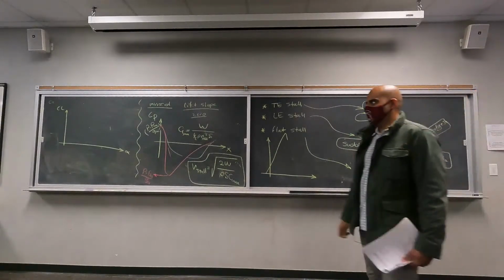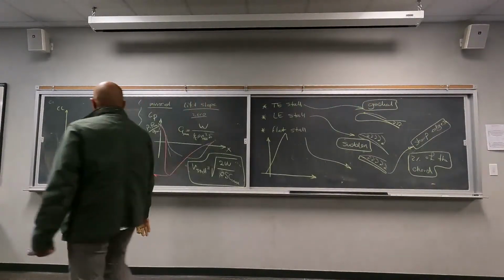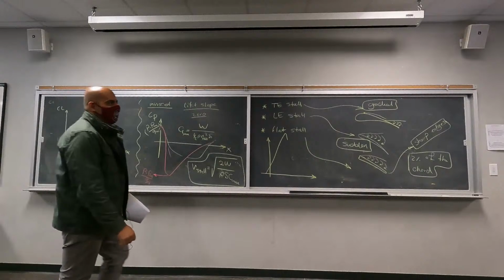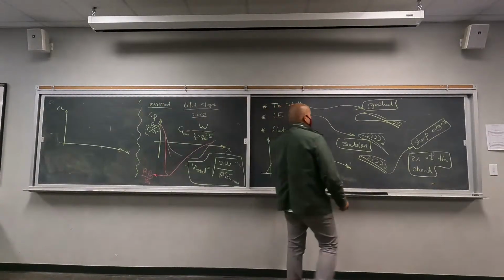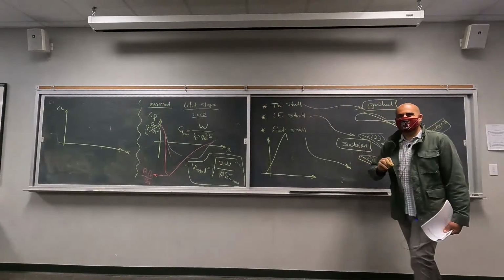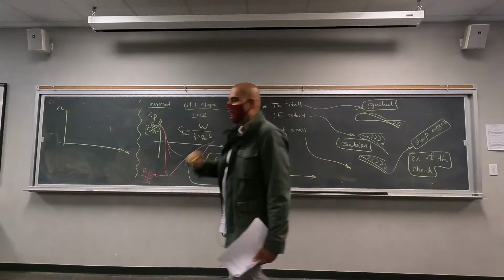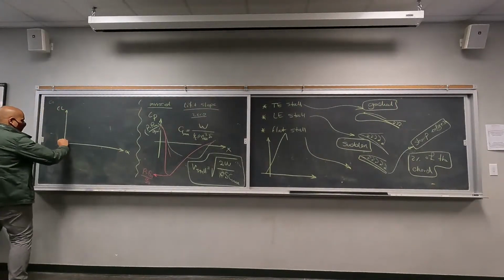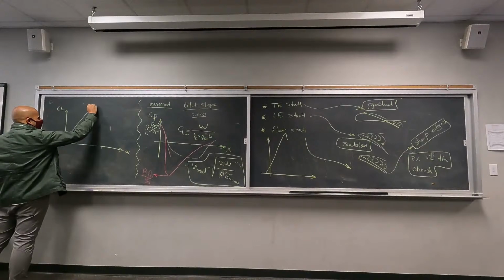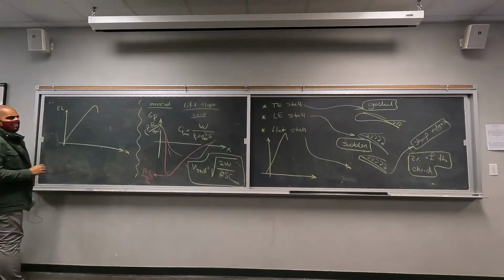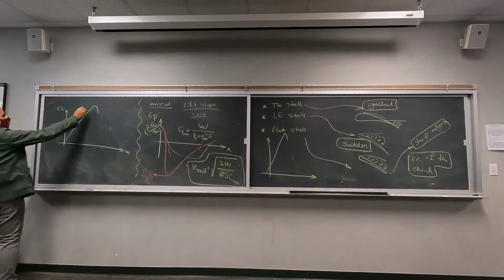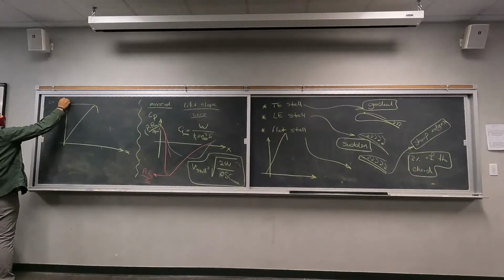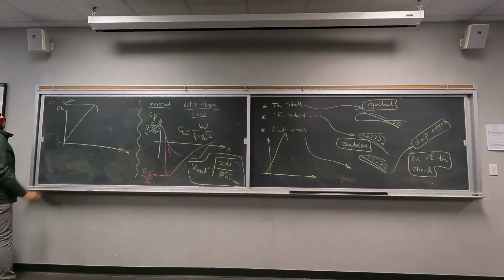The leading edge stall, yeah? Because the flow separation happens later, right? So the lift coefficient can go a little higher. So the leading edge stall usually looks like this. Very sharp decrease, okay? But the maximum value of the lift coefficient is very high.